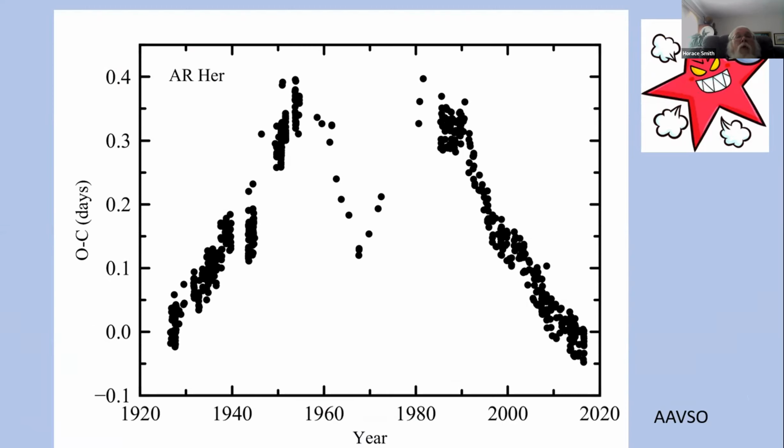Only a slow rate of period change for the first half of the 20th century. Then bang, we have an abrupt change in period. The period drops, period goes back up. And then for the last 40 years or so, once again, only a slow rate of period change. But there was clearly some kind of instability in the middle.